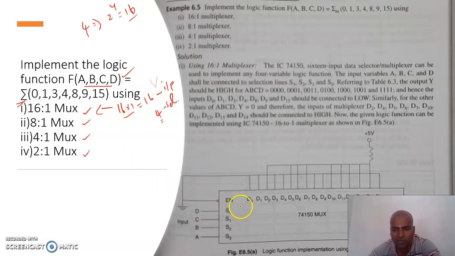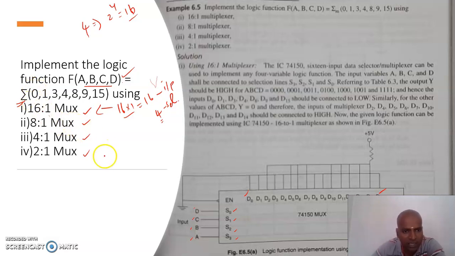Have a look at this. Here the block is given. It starts from D0 to D15, and 4 selection lines S0, S1, S2, S3 are given. So A, B, C, D, the 4 input variables, are considered as selection lines here. Now, what are the values of D0 to D15? D0 is equal to 1 because 0 is given.